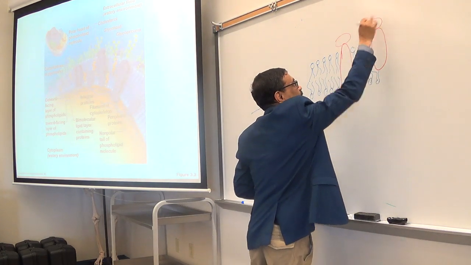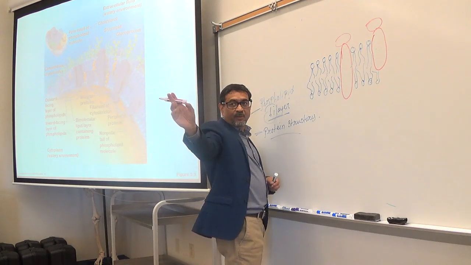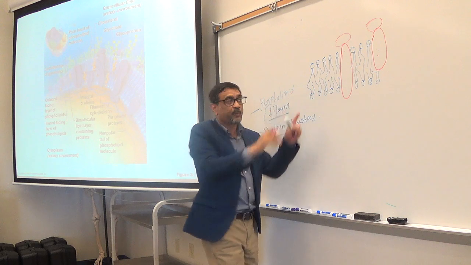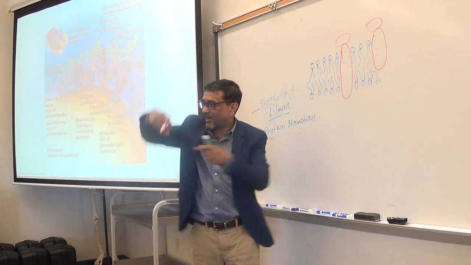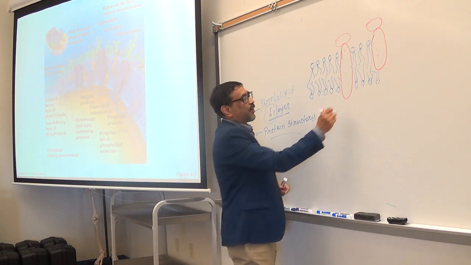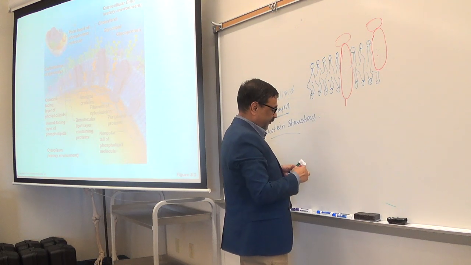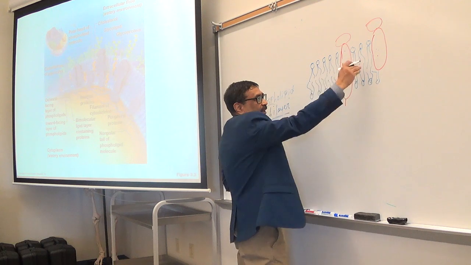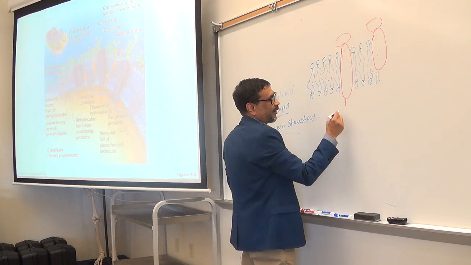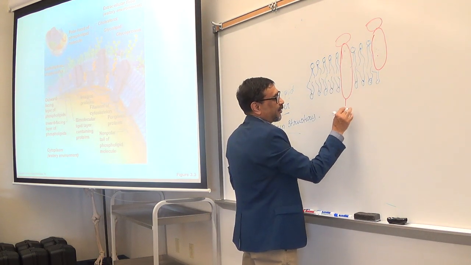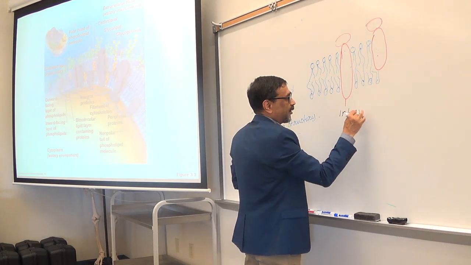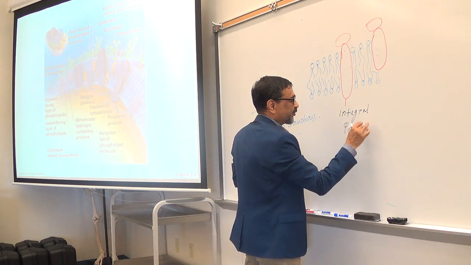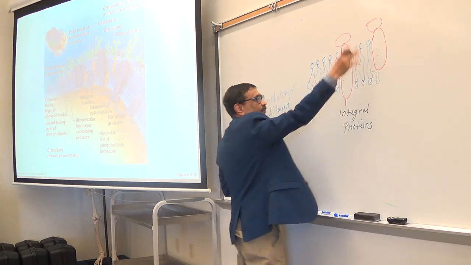So proteins, there are two types of proteins. You see, these proteins are inserted in phospholipid bilayer, right? These two are inserted. These are called integral proteins, deeply inserted in the phospholipid bilayer. Okay, these two.